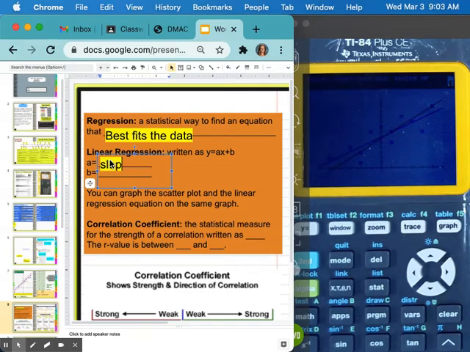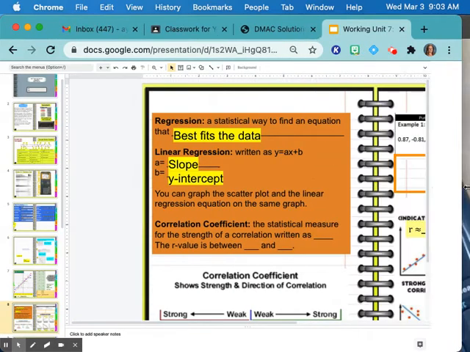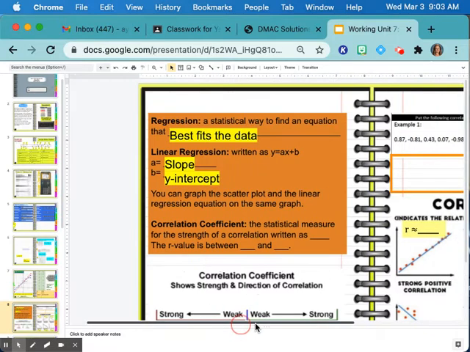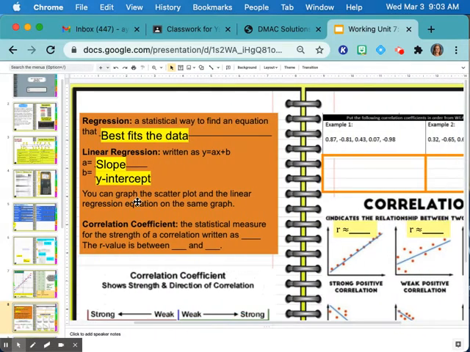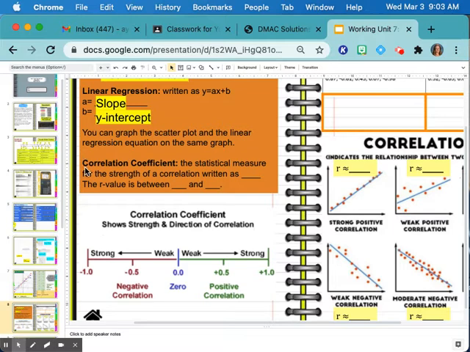A is your slope, and b is your y-intercept. You can graph the scatter plot and the linear regression equation on the same graph, which is what we did on the last one. The correlation coefficient is going to be our R value.